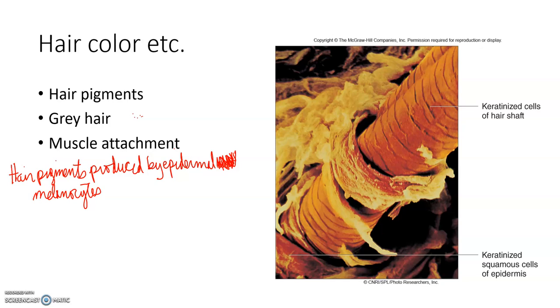So we talked about the depression where the follicle sits and how that's lined with epidermal cells. Some population of those cells go down into the layer of the dermis. Those are melanocytes. And so they produce eumelanin. Eumelanin is a pigment that is most common, and it gives a brownish black color.